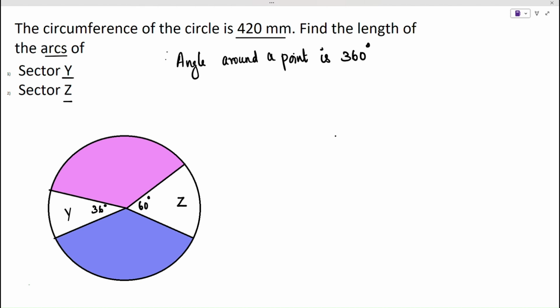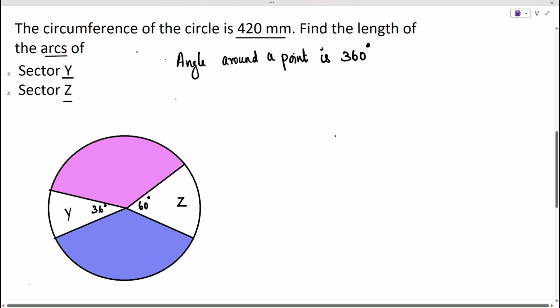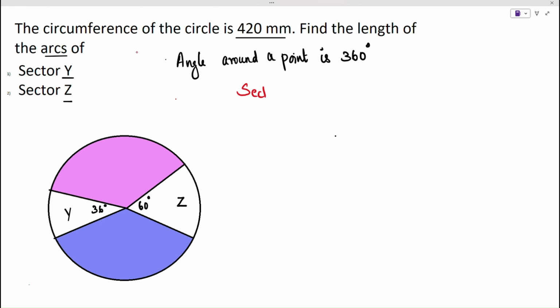So we have the degrees for sector Z, which is 60, and the fraction that 60 is out of 360 can be expressed as 60 over 360.